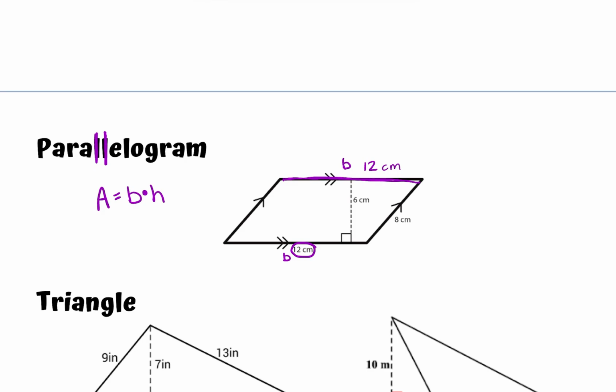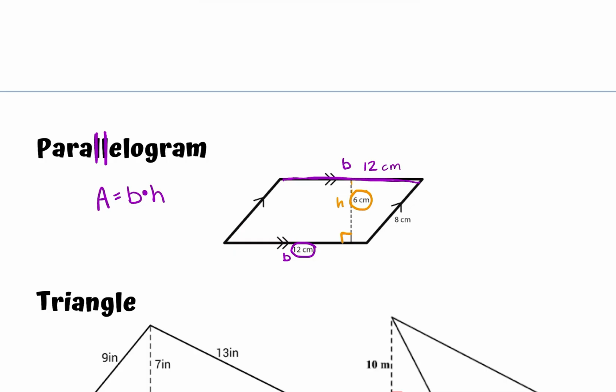The height is always going to either be on a dotted line, so this right here, that dotted line, or the easiest thing is to look for that right angle. If you have a dotted line or a right angle, that is going to be your height. Okay, that's an easy way to remember this.